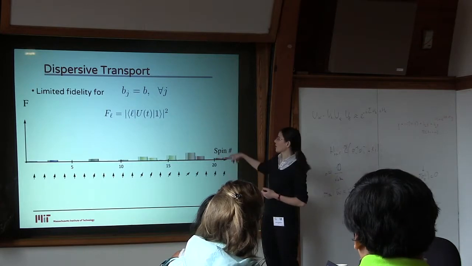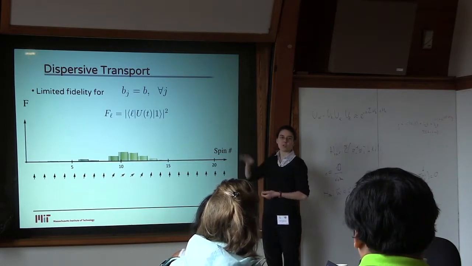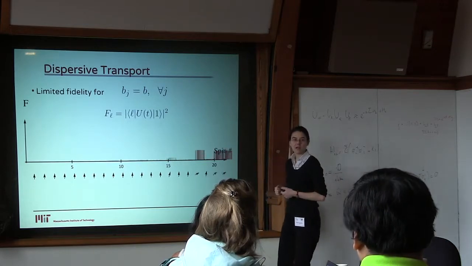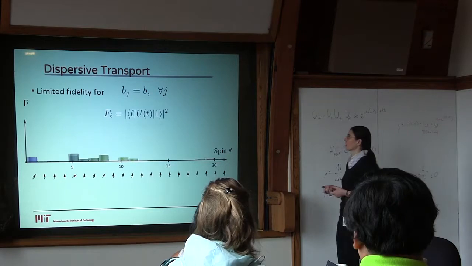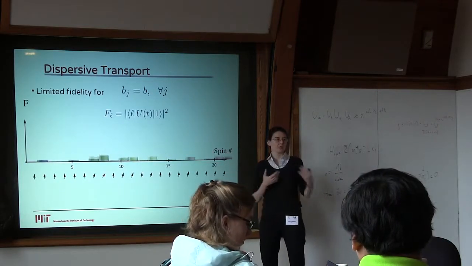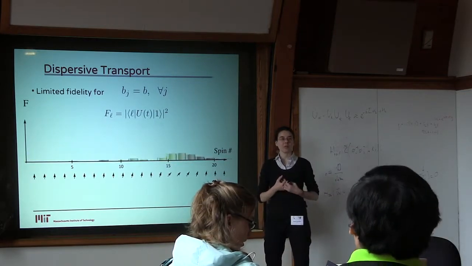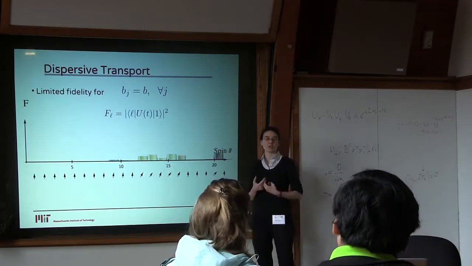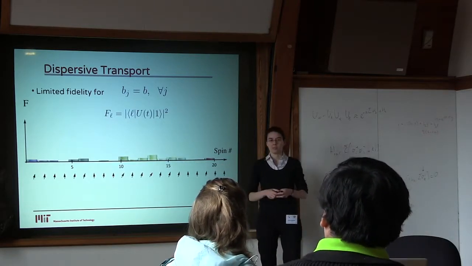I never go back to the full fidelity equal to 1, which would be a telltale that I have achieved a perfect transfer. So the problem is that even if I have this ballistic type of transport, which is different from the dynamics that I had for the initial natural Hamiltonian, the transfer is still dispersive. So I lose some of my polarization onto neighboring spins.